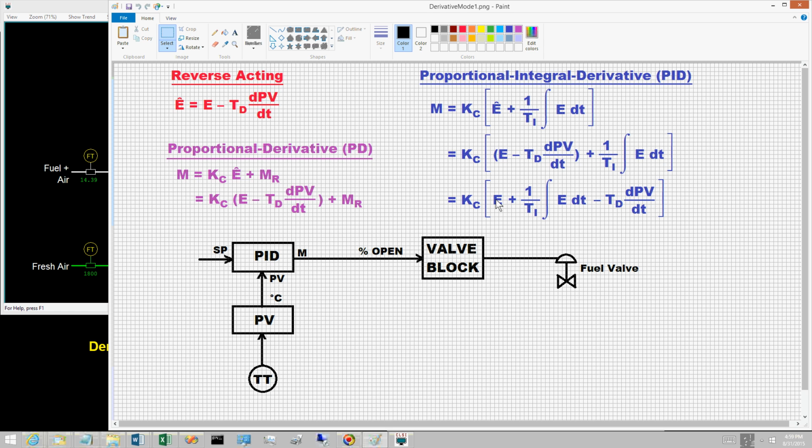E is the proportional term, the integral of E dt is the integral term, and dPV/dt is the derivative term. For a direct acting controller, the sign on the derivative term is positive. This equation incorporates proportional, integral, and derivative. The proportional and integral terms are based on the control error E. The derivative term is based on the PV.